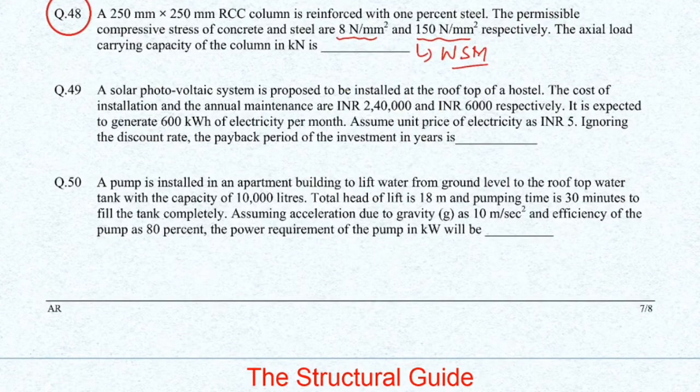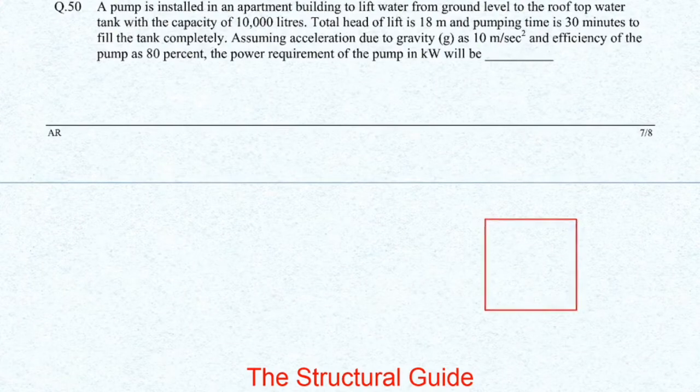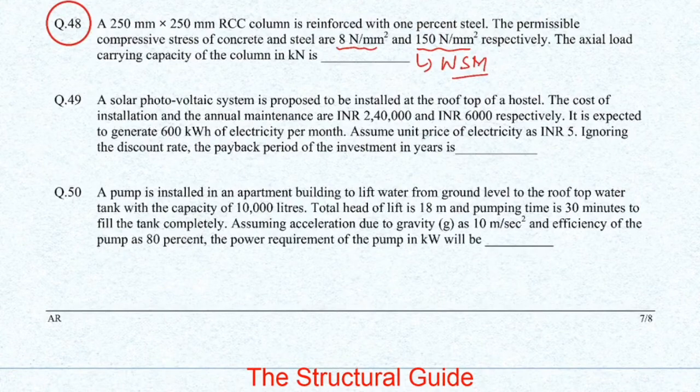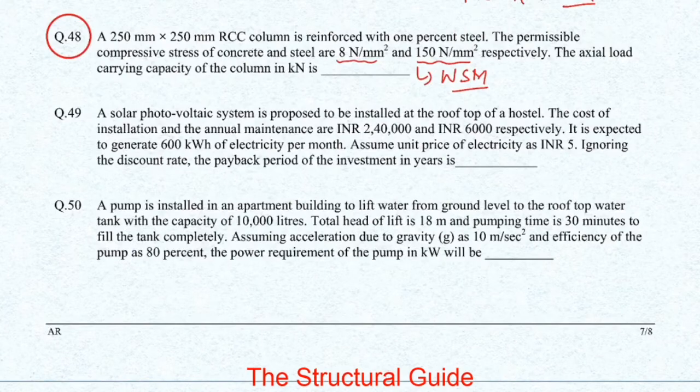So the dimension of the column is given, that is 250 by 250. So this is the size of the column, 250 mm by 250 mm, and it has a reinforcement of 1% of steel. But the permissible stress is given as 8 and 150.